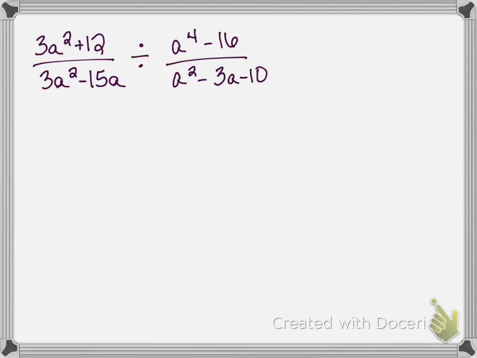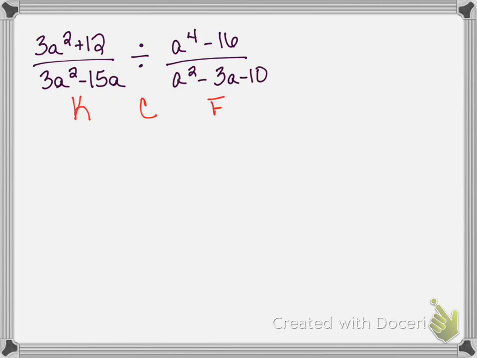So what we do here, when we are dividing fractions or dividing rationals, we keep my original rational expression. I change my division to multiplication, and I flip my second rational expression. Okay?